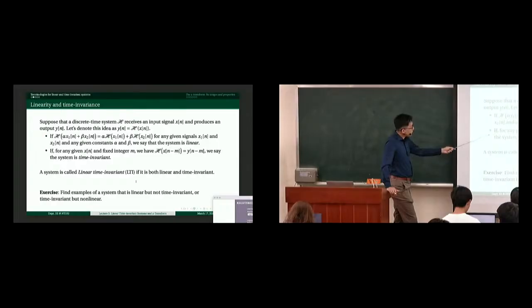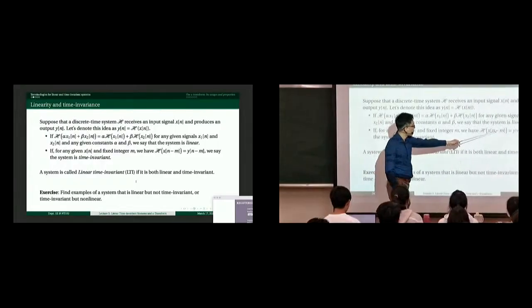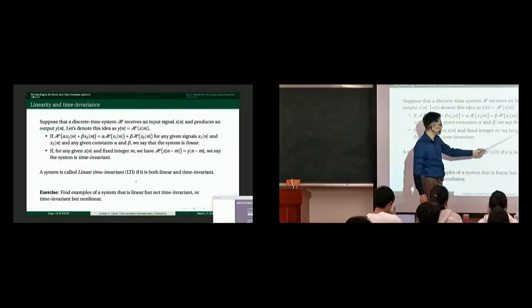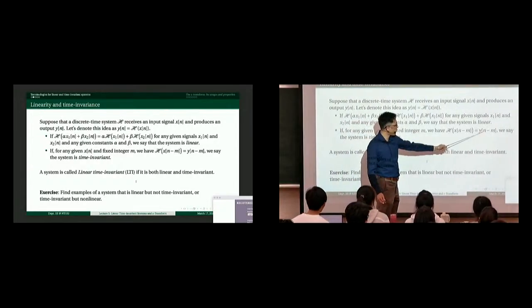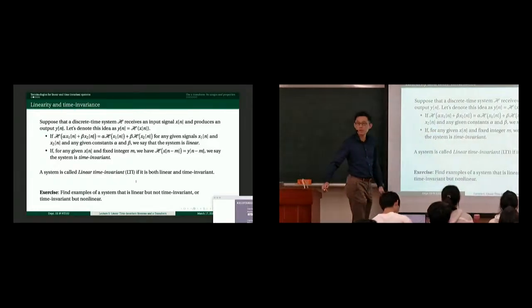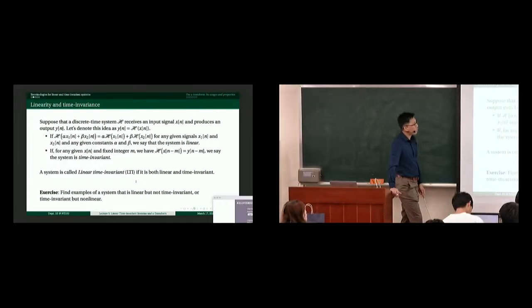And then there's another property. Now, if we shift the signal to the right by m samples, the result is basically the same output, but also shifted by that many samples. If we shift the signal by 3, the output also shifts by 3.